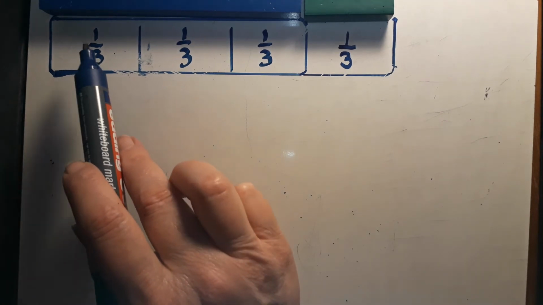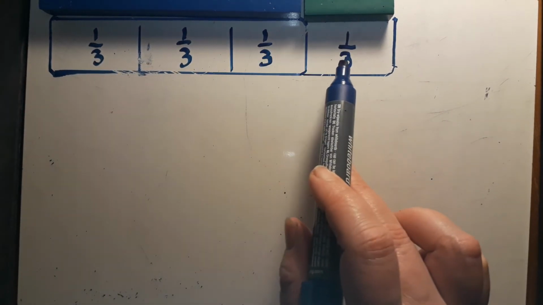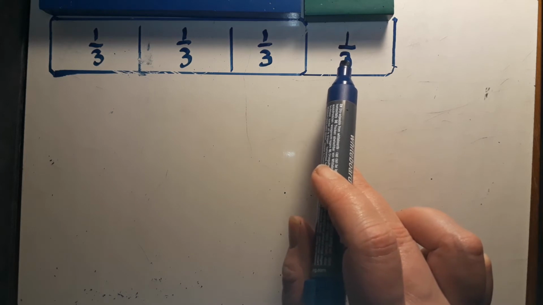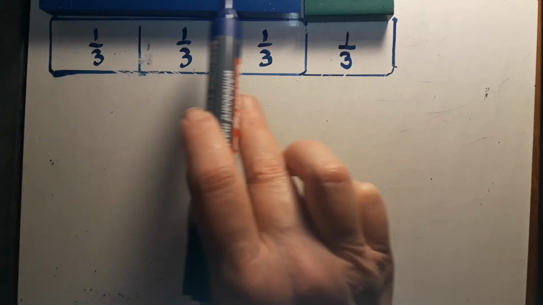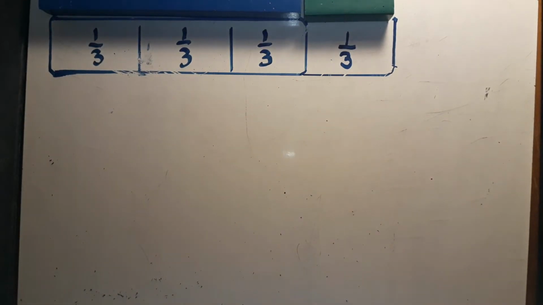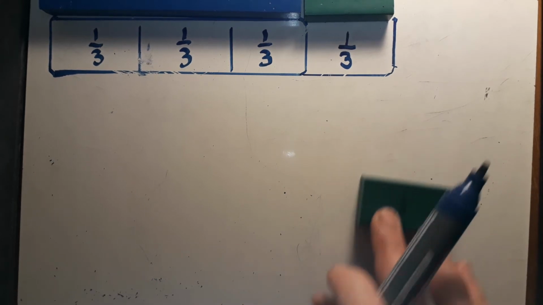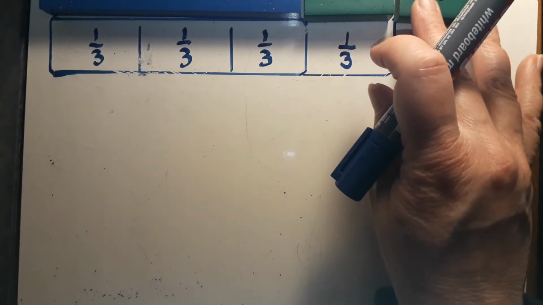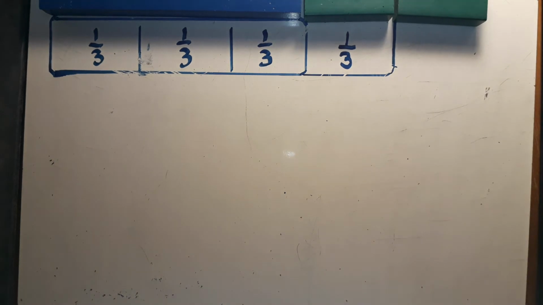So here are my 1, 2, 3, 4/3 that we had before, and here is my whole 1 and 1/3. I'm going to add another third to each bar.